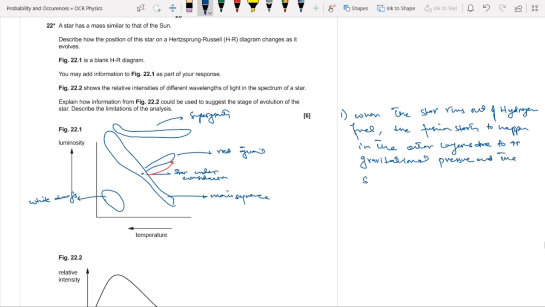And the star swells up and becomes a red giant.